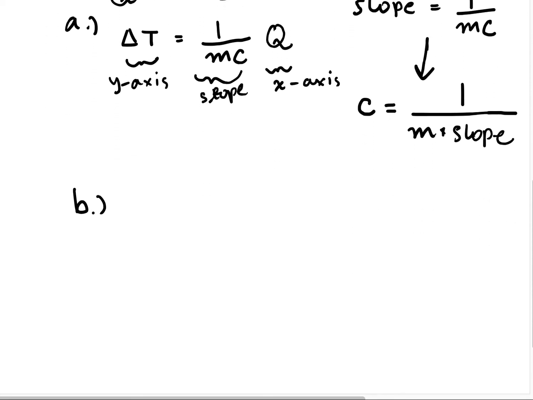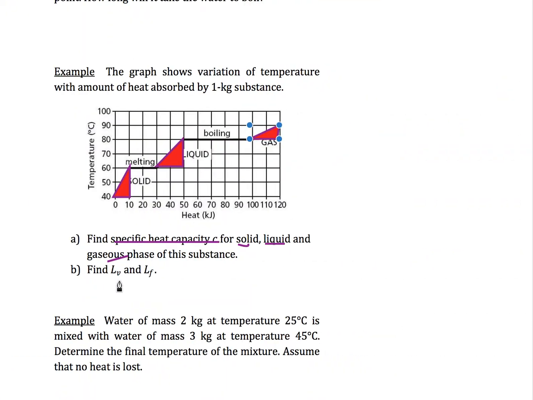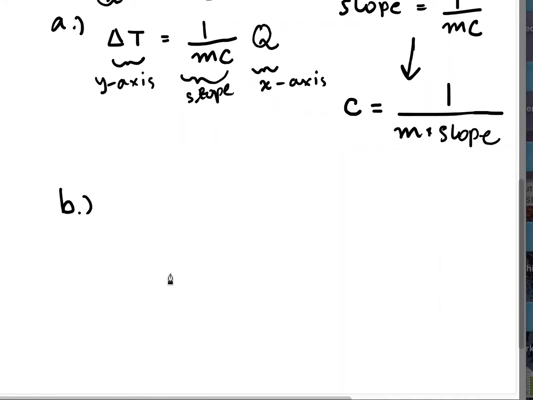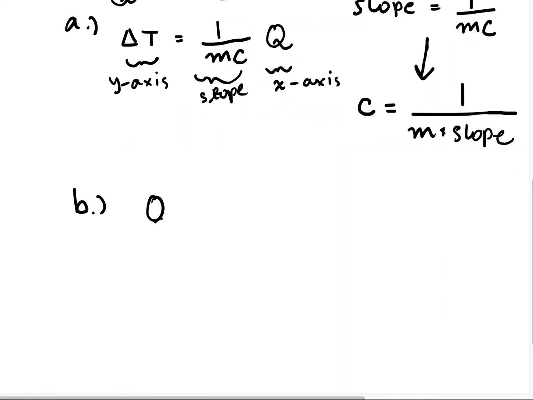And then for our part B, we want to find the latent heat of vaporization, or LV, or latent heat of fusion, or LF. So in this case, we are going to consider this equation, Q equals mL, and L is going to be Q over m.